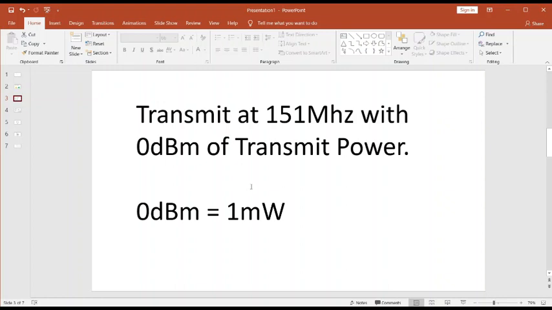I don't know about you, but I'd rather have someone tell me -120 dBm than instead of someone telling me it's 0.00000000012 watts. How many zeros was that? Exactly. That is the reason why we use dBm, and it's easier to work in dBm.